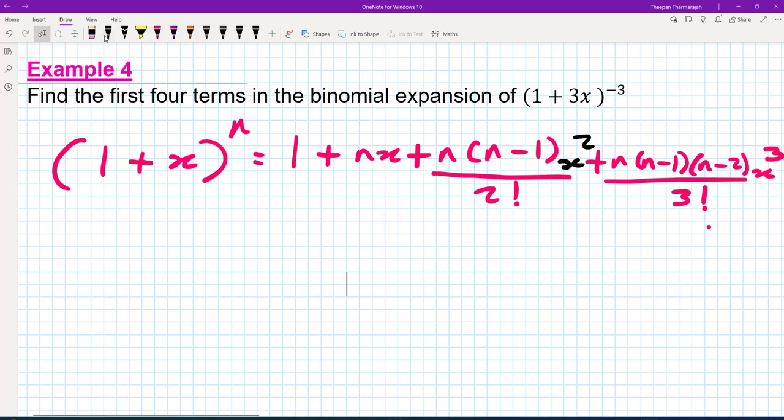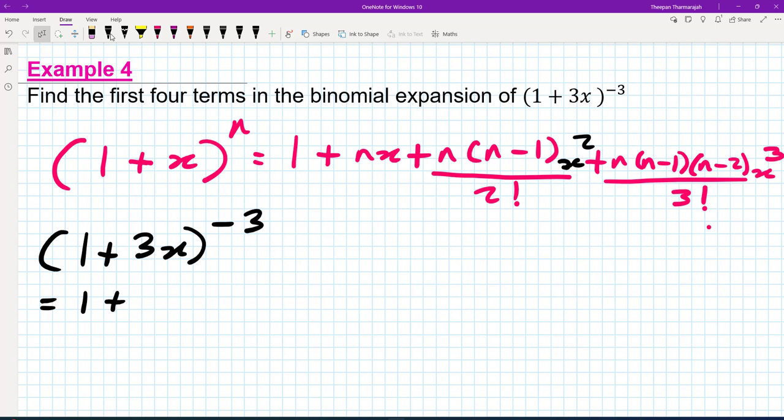Okay, welcome back. So we have 1 plus 3x raised to the power minus 3. In this question, we're going to use the formula. So we're going to say 1 plus n, which is minus 3. Now careful, x in our case would be 3x.